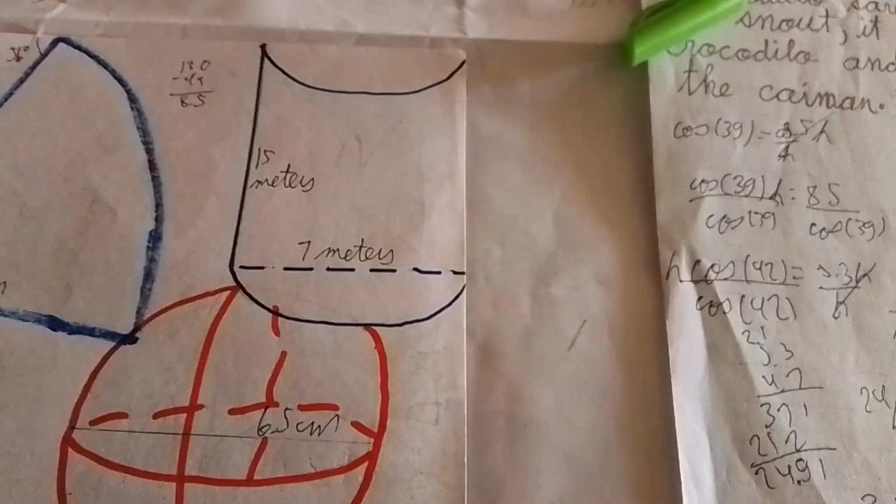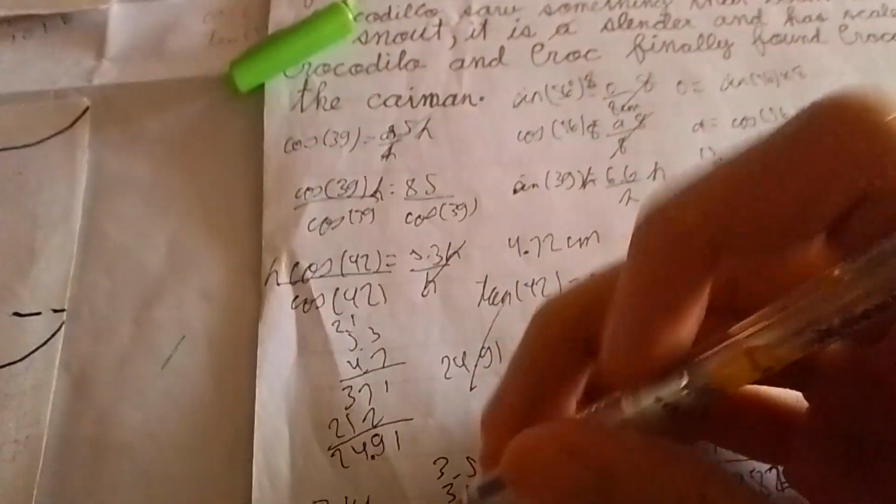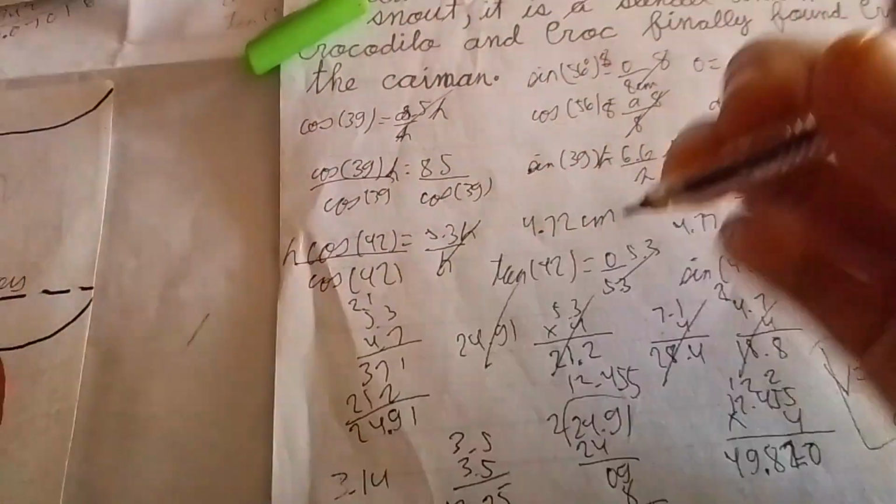Remember the 3.5, they are double, right? Because this is 7 meters. So 7 meters, then divide by 2, that's 3.5. So that's 12.25.